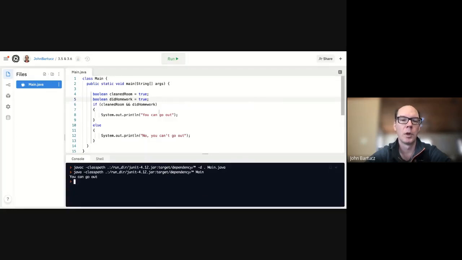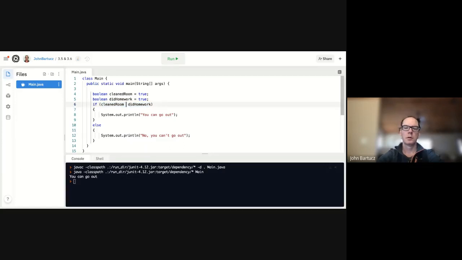So what this double ampersand sign means is literally and. So both of these have to be true for this whole thing to be true. If either one of them is false, then the whole thing is false. And or does what you'd expect.